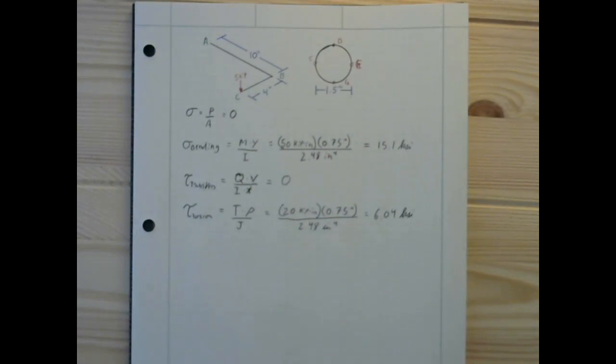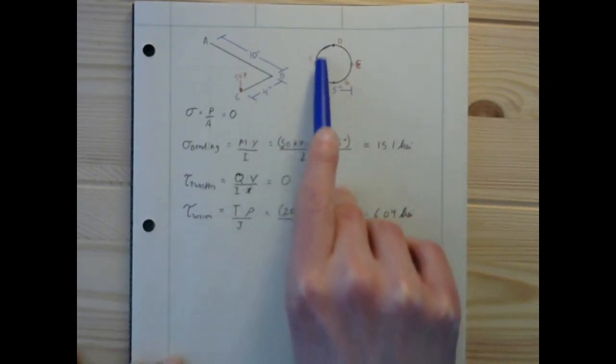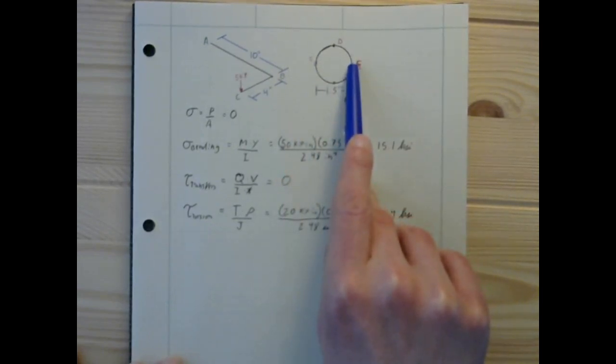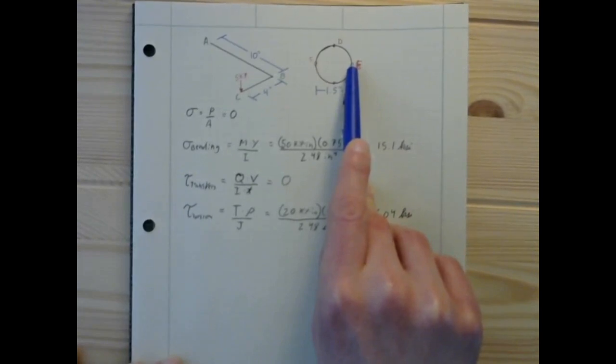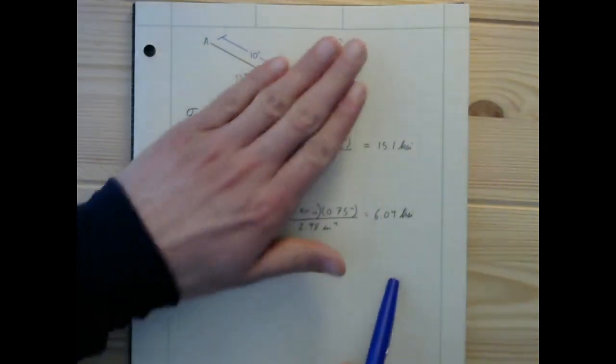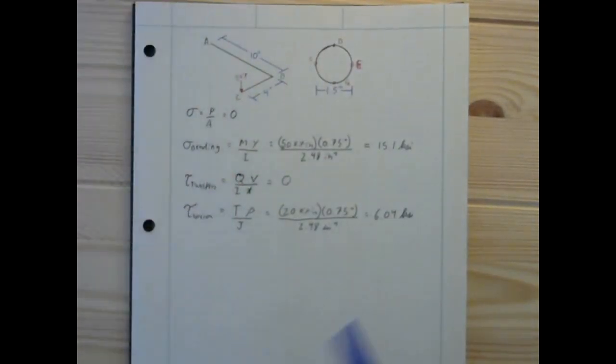Keep in mind that the torsion distribution is going to be down over here and up over here, depending on which portion you're looking at. If you cut right here and you're looking at this half, then that's what it's going to be. If you're looking at the other half, obviously it will be the other way, but all of the shear stress values will be the negative of that.